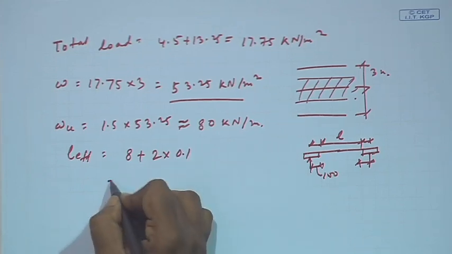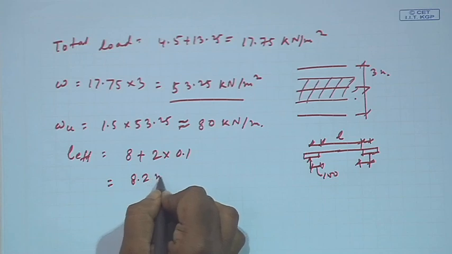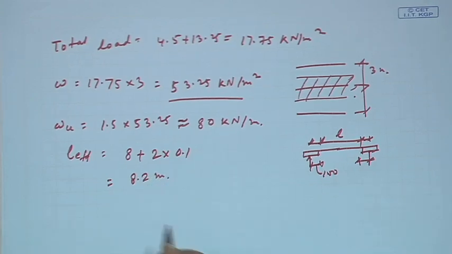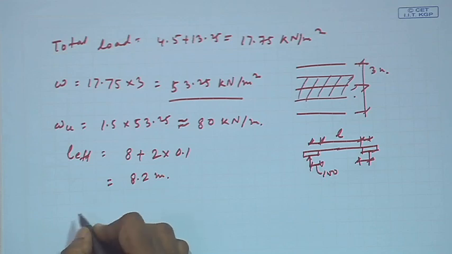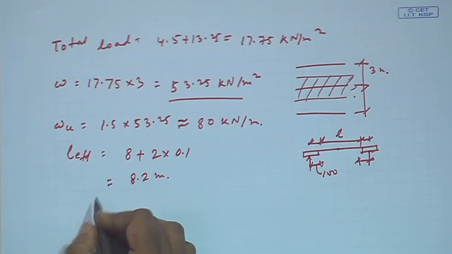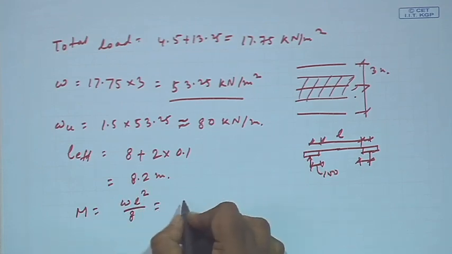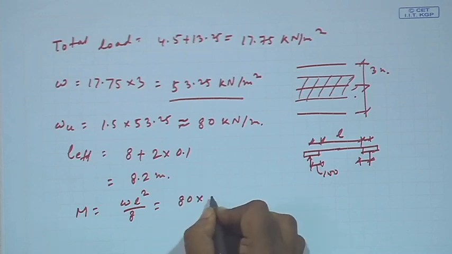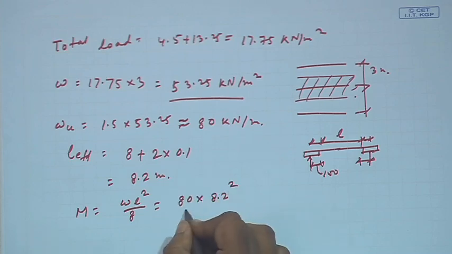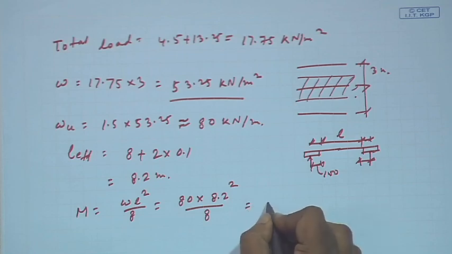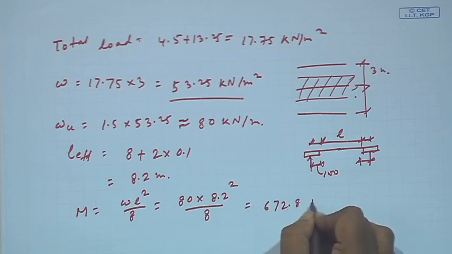So, effective length is becoming 8.2 meter. The maximum moment will be at the mid span, as it is a simply supported beam. So, maximum bending moment will be W L square by 8, that is 80 into 8.2 square by 8, which is 672.8 kilonewton meter.